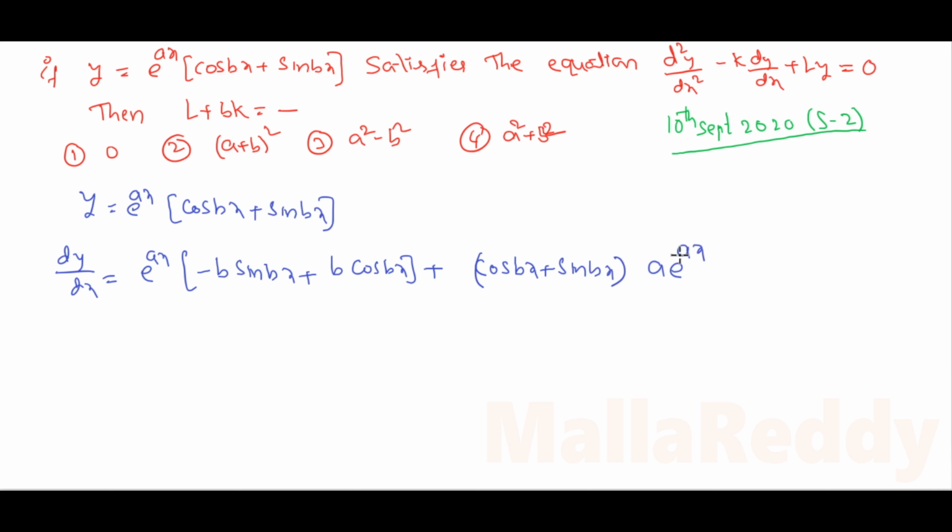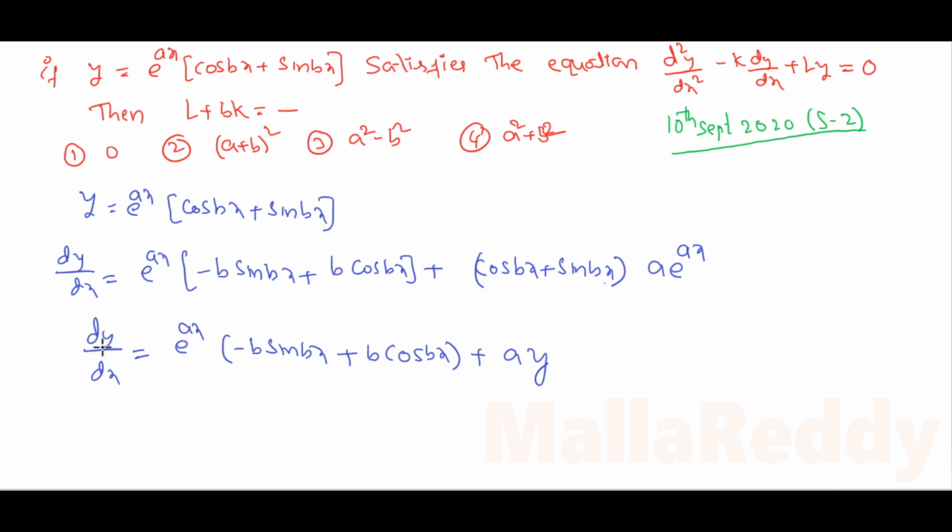Here e power ax into cos bx plus sin bx is written as y from the problem, that is dy by dx is equal to e to the power of ax into minus b sin bx plus b cos bx, plus a into that value, which is y from the given problem.